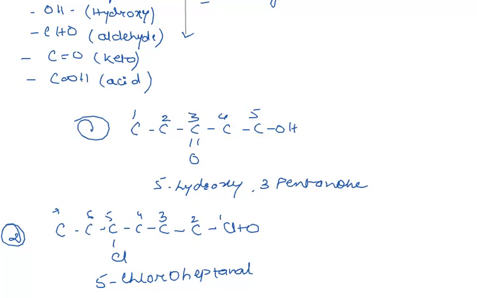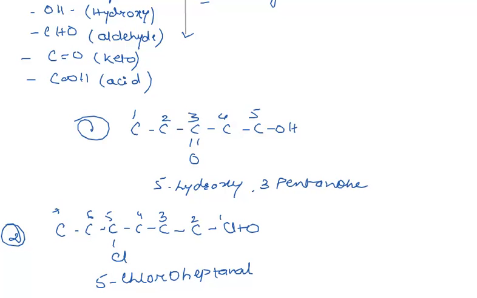Otherwise, assign the least number to the group which you are writing first. So these are certain basic rules, and for you I have written that priority listing also. Keep these rules in mind and start naming the organic compounds. The more you practice, the better you will master this concept.